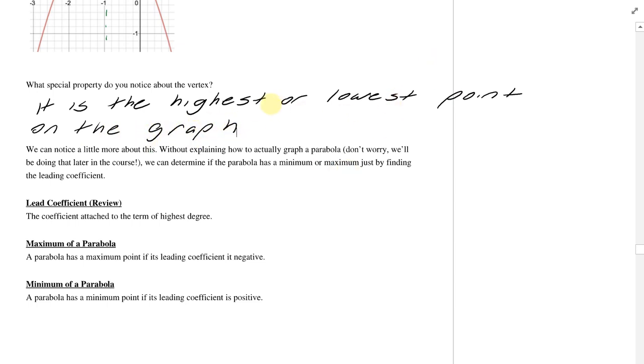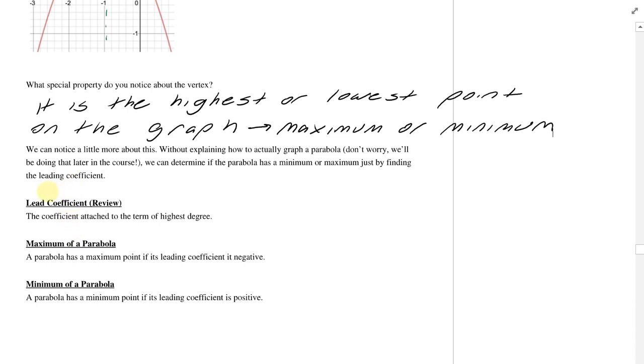Okay, so it's the highest or lowest point, which in math terms means we say it's the maximum or the minimum.